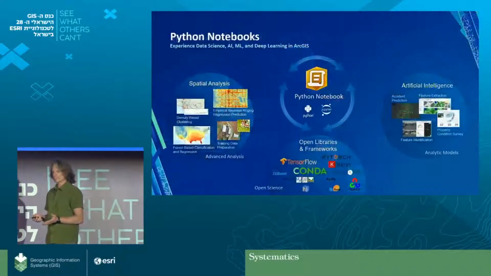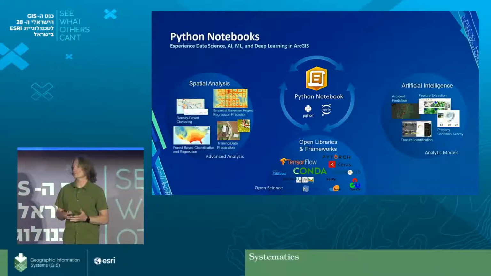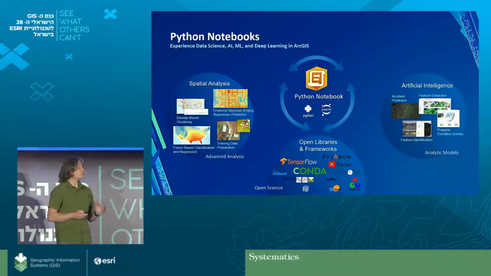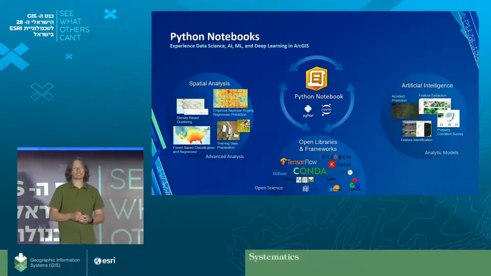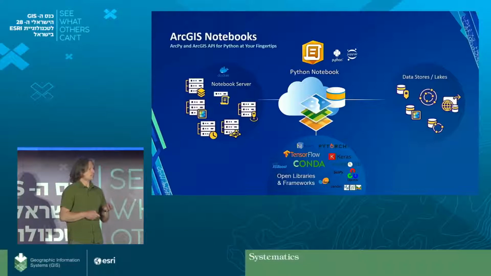But increasingly, data scientists, they use Python notebooks, Jupyter notebooks. That's their lingua franca of their world. And we've had support for Python notebooks with our Python API for a year and a bit. But what was really exciting in the summer this year is when we released Python notebooks directly embedded inside of ArcGIS.